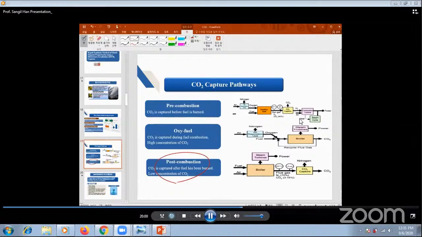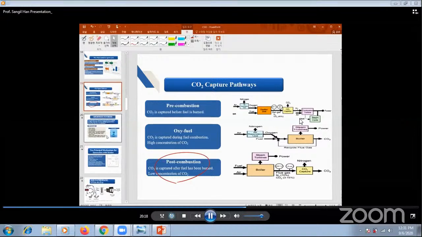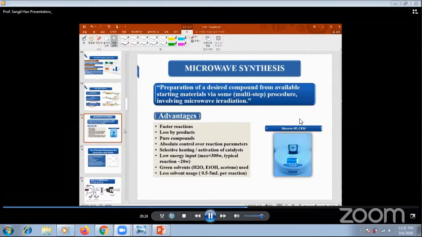By the way, the pre-combustion and oxy-fuel CO2 capture processes require entirely new systems. So post-combustion is just simple compared to the other methods.